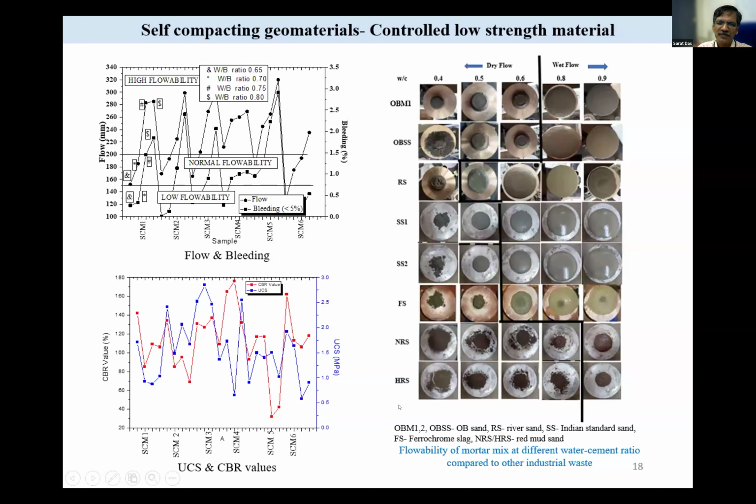Here I have again shown the same material in a different way, just to show the wet flow and dry flow. For natural sand, 0.4 to 0.6 is enough. Whereas for this industrial waste, depending upon the type of industrial waste, it differs. So you have to be aware of this. When we are going to use it, there may be bleeding, and that needs flowability. So we need it in this range, normal flowability, and the bleeding should be less than 5%.